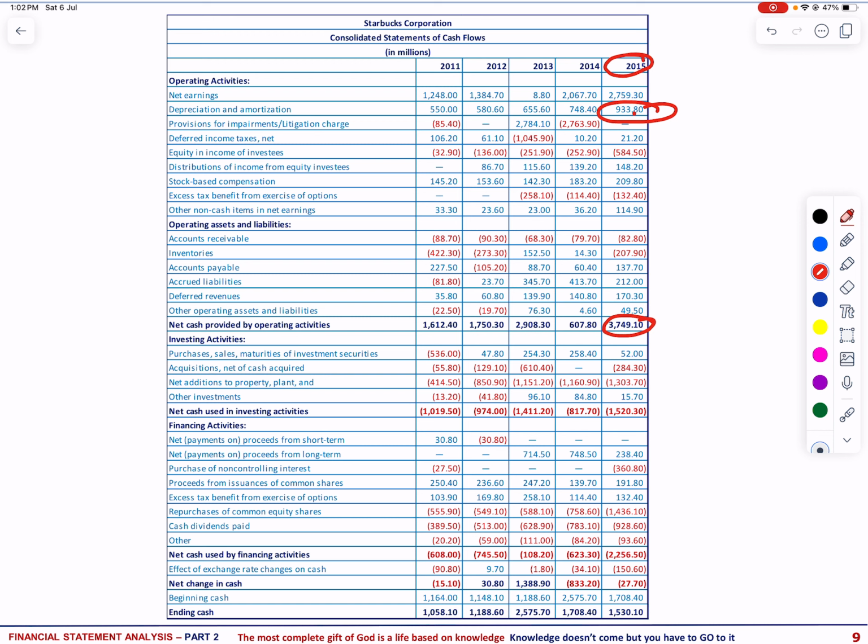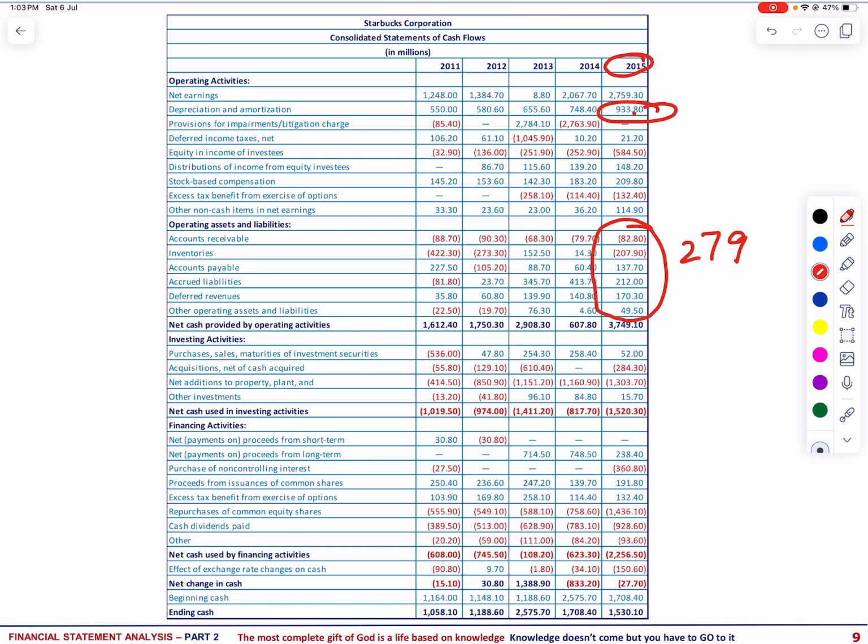Then we can see that the changes in the working capital resulted in a 279 million adjustment, reflecting reduced investment in working capital.